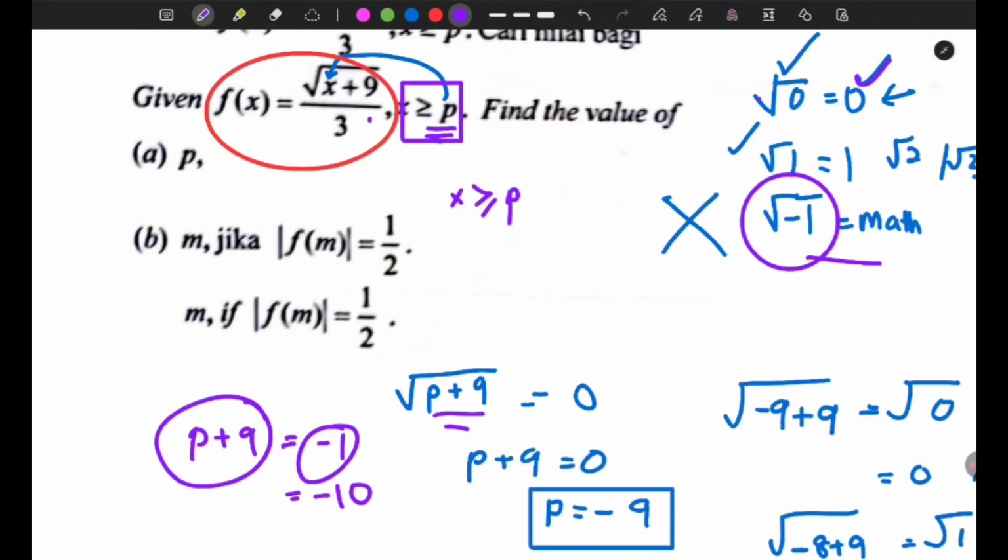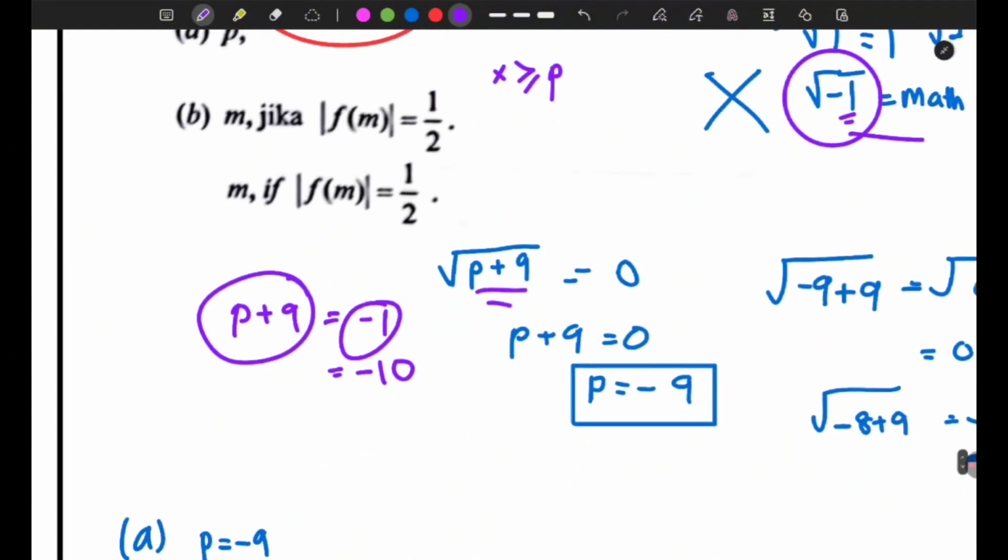So that means the p cannot be negative. So you should find the one that cannot bring you a negative. At the same time, it can be the minimum. Minimum means 0 could be the minimum, because when you press in the calculator, negative 1 itself already gives you a math error. So the minimum that it can go is 0. So you need to find out the minimum first that brings it to 0.